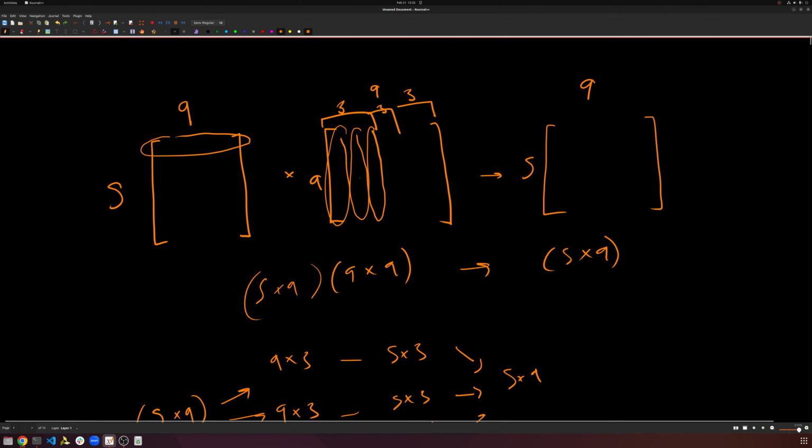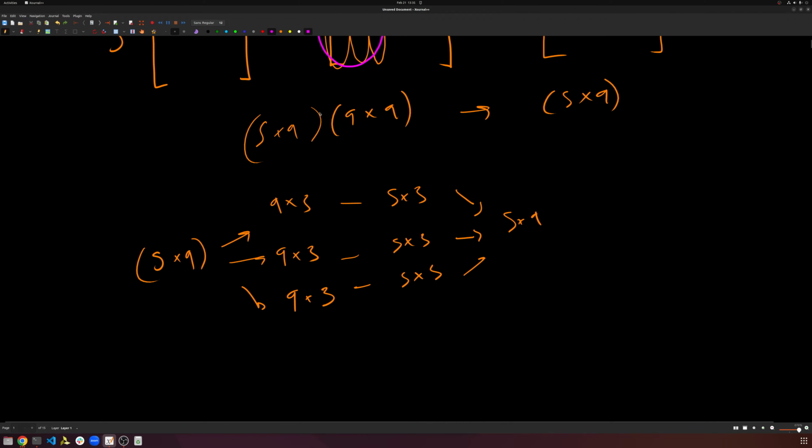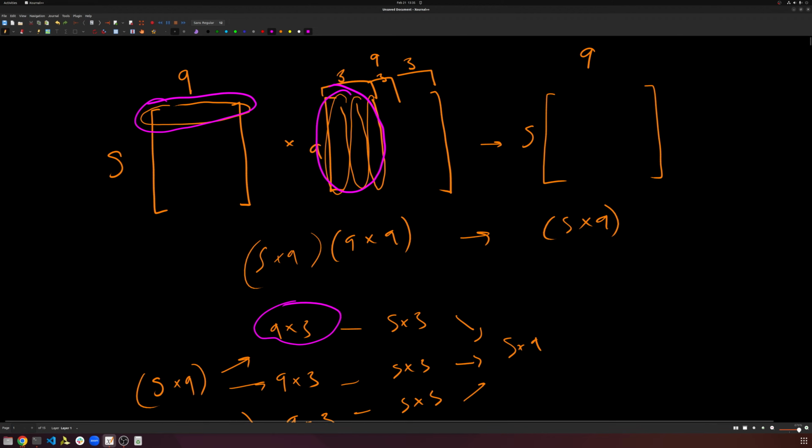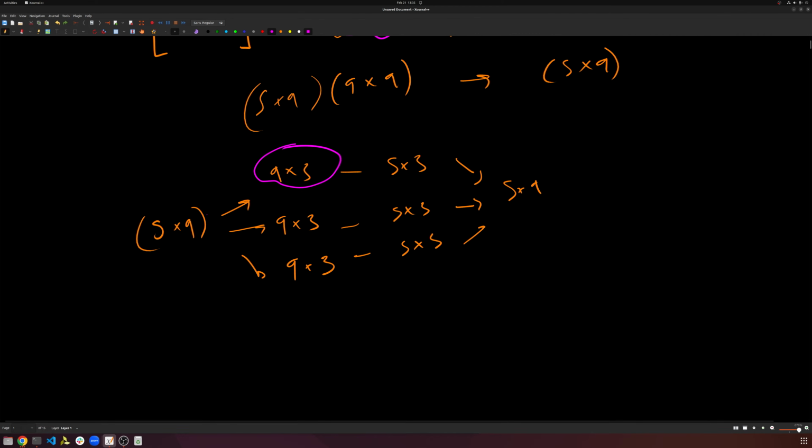So again, the matrix multiplication between this embedding vector and this chunk of 3 will produce this first 9 by 3. Then the matrix multiplication between the same vector and the second chunk of 3, sorry, drawing's terrible, will produce the second chunk. And then again, we'll produce the third chunk.